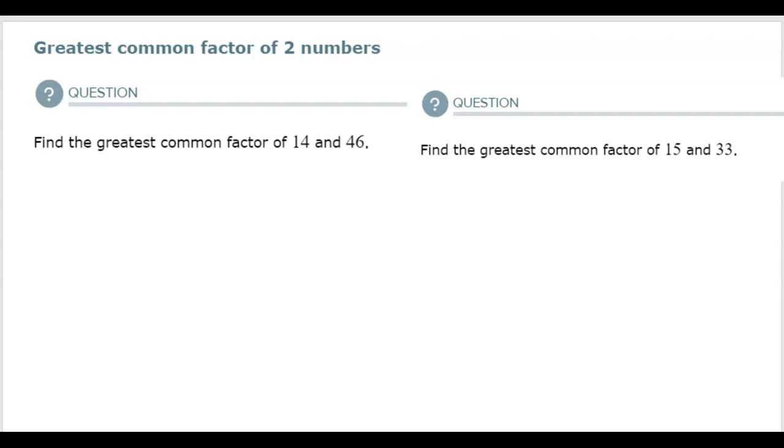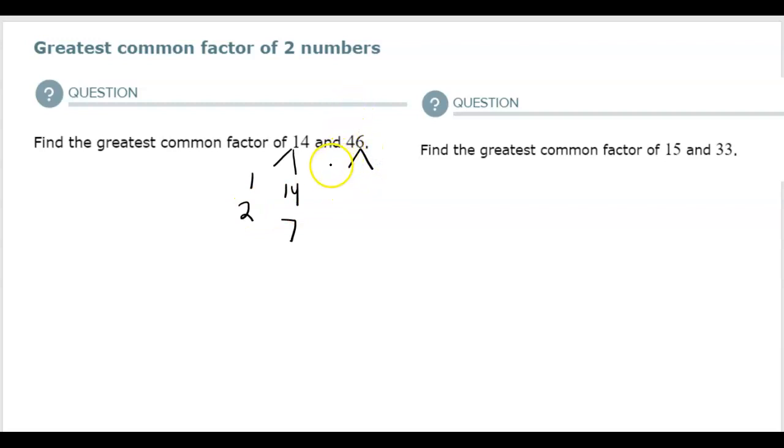What is the greatest common factor of 2 and 14? So when I think of this, I break down 14 to 1 and 14, 2 and 7. Those are the only things that go into 14.